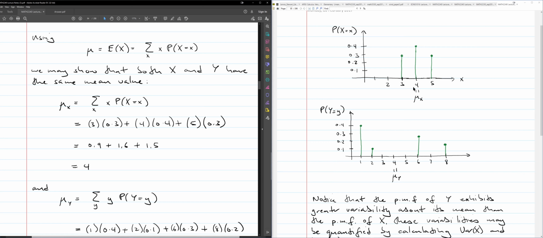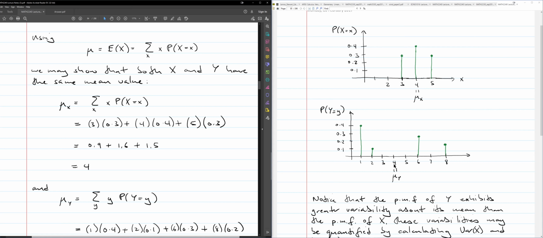Notice that your PMF is symmetrical about this 4. The probability that you get x equal to 3 and the probability that you get x equal to 5 are actually equal. So the mean is centered at this 4, which is easy to see because of the symmetry.